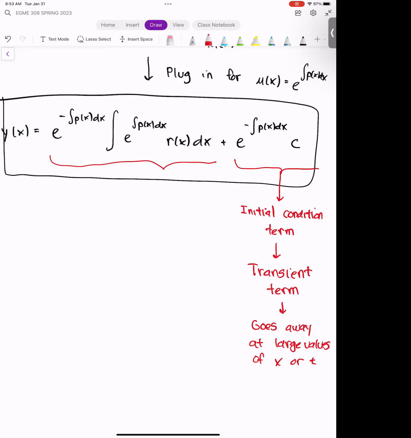Let's look at the other term. The key characteristic here is actually R of x. And so when you're looking at physical systems that are modeled with a differential equation, R of x often takes the form of some kind of external force.